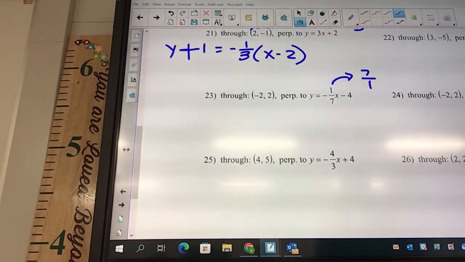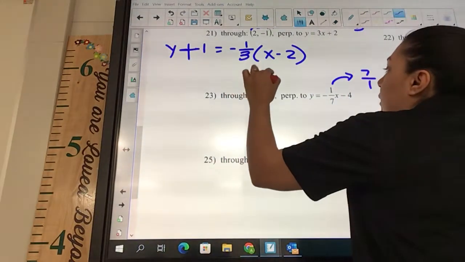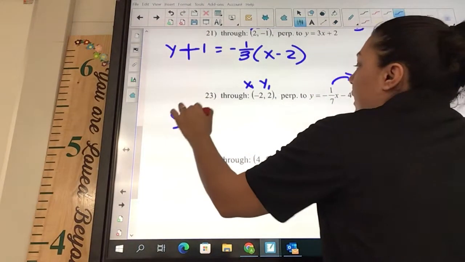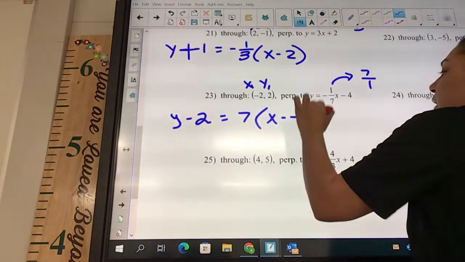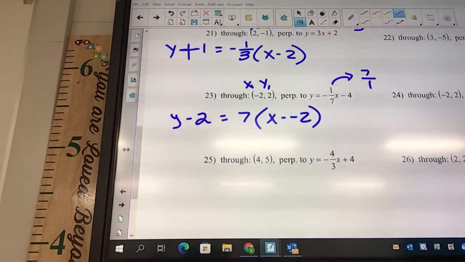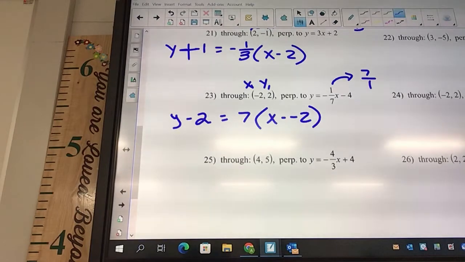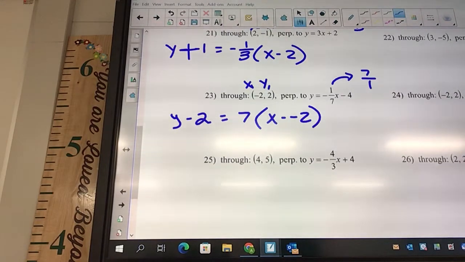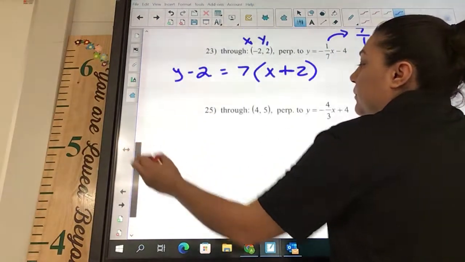I'm not gonna mark it wrong if you write 7/1, but I don't want you to be looking goofy either. So you got y minus 2 equals 7, x minus -2. We're going to change that into a plus.